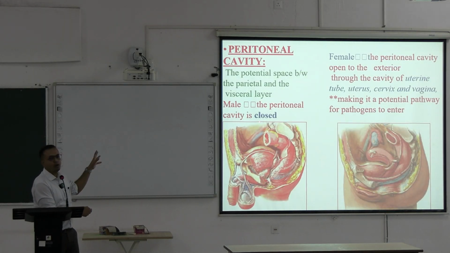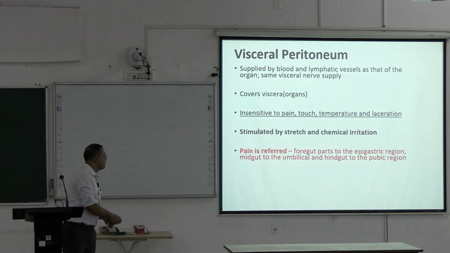Why closed? We do not have any opening; the parietal and visceral layers are sealed. In the female subjects, it is naturally open through the birth tract: the uterine cavity, cervix, and vagina, through which infections can climb. Clear? Yes or no? Good.